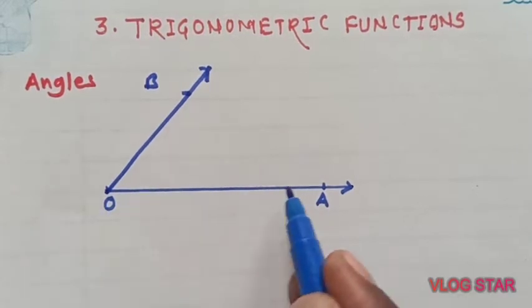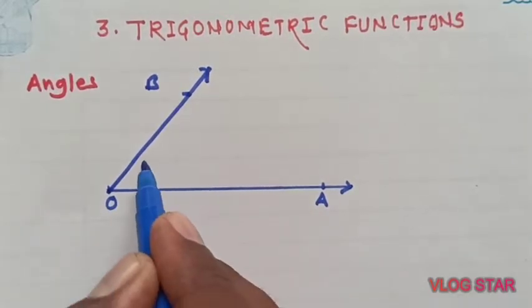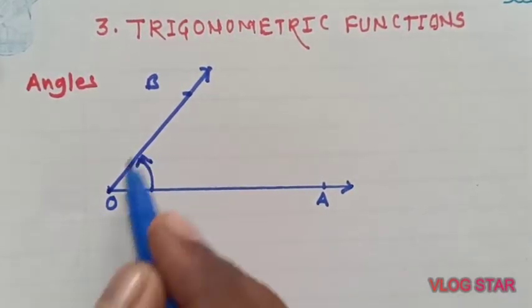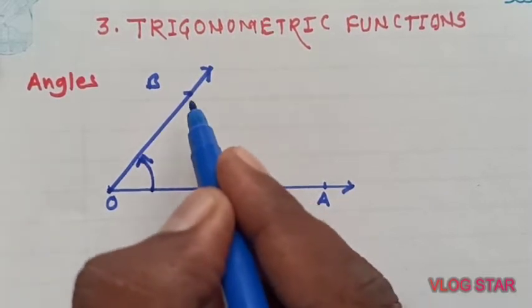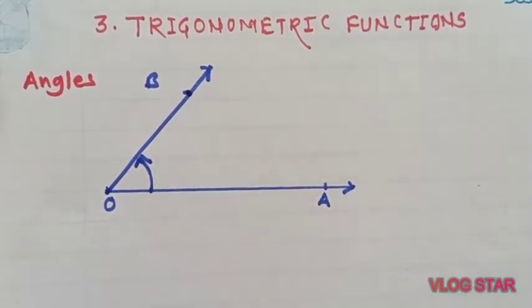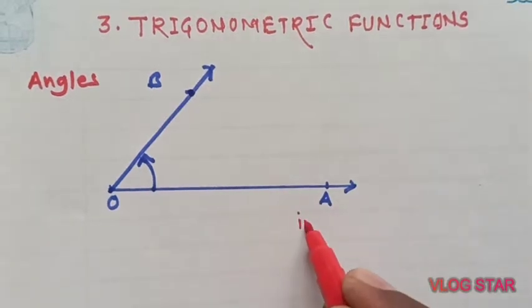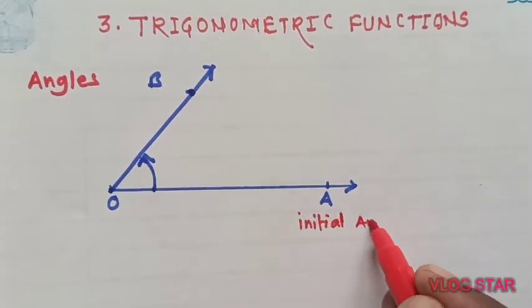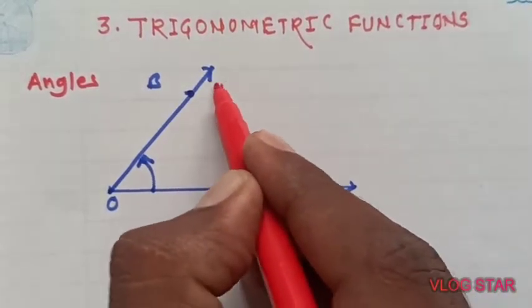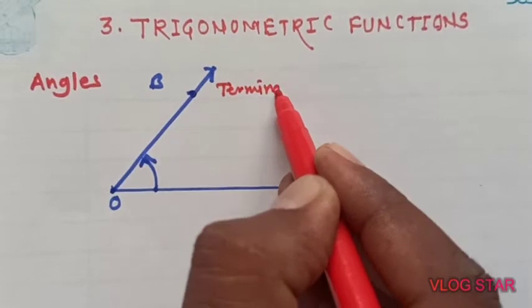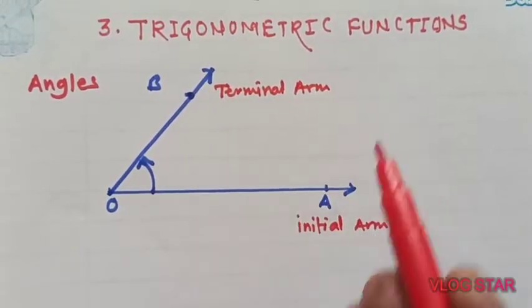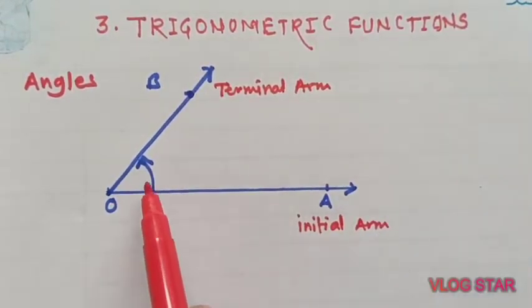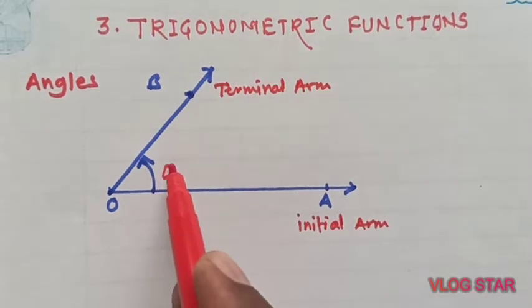This is the initial arm, our rotation is anti-clockwise, so it takes a position as OB. This is the position of the terminal arm. We call the first arm the initial arm, and we call this the terminal arm, and the amount of rotation between them is your actual angle theta.